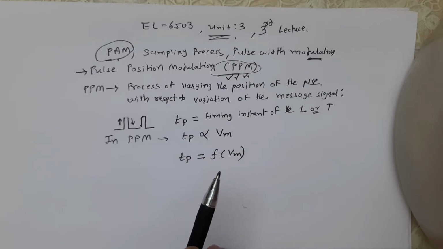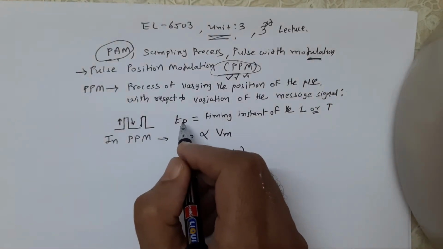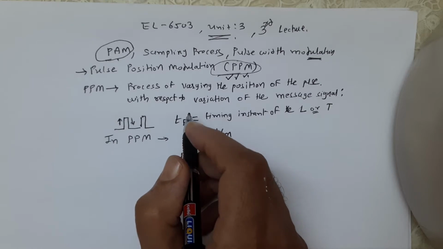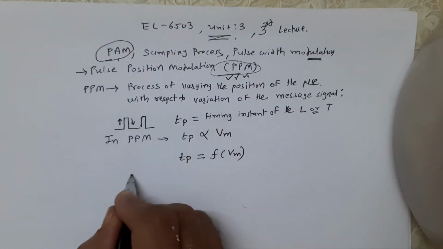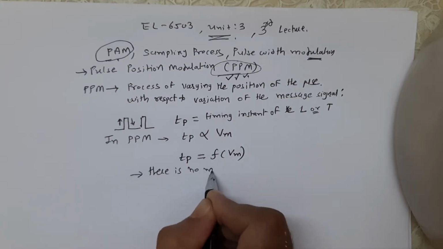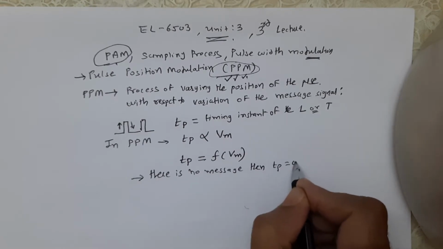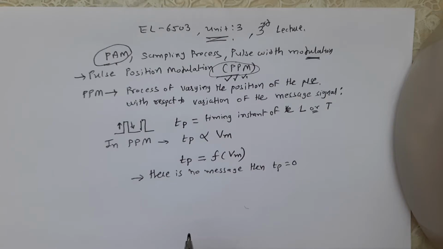When there is no message, the position of the leading or trailing edge of the pulse will be equal to the original position, and hence there is no change, and Tp is equal to 0.